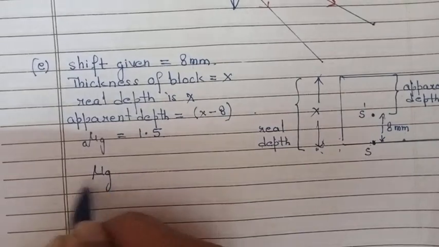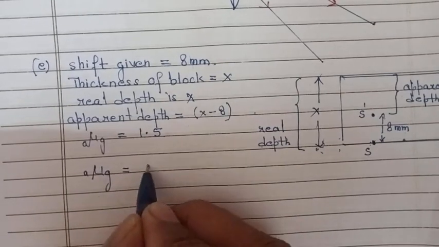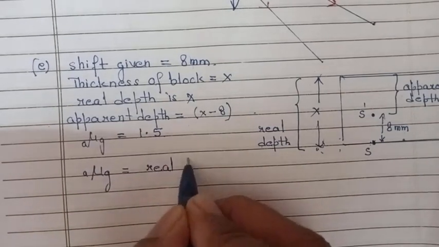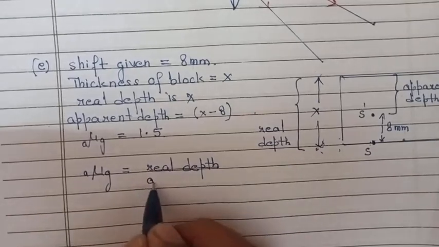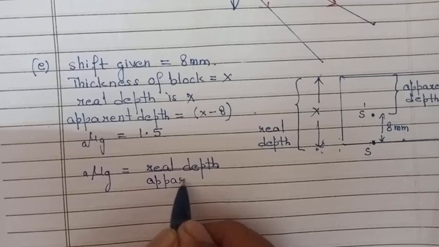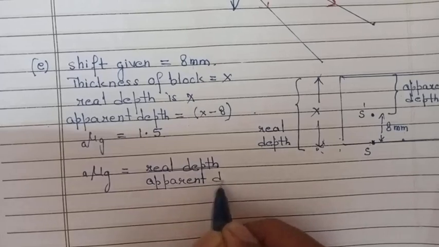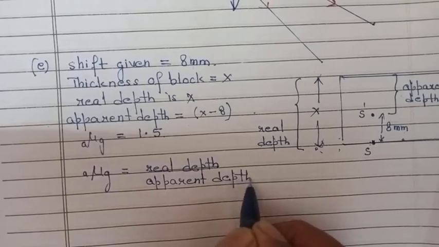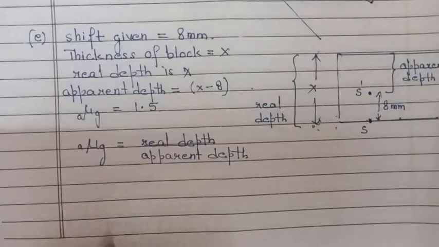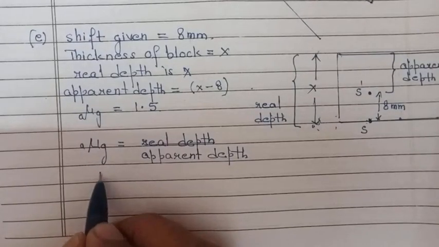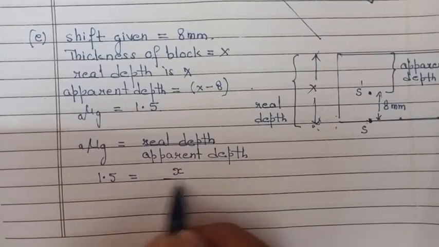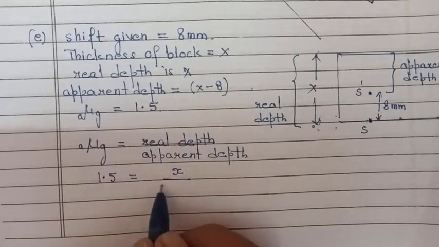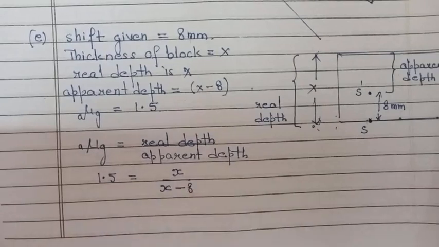The refractive index of glass is real depth upon apparent depth. So here the refractive index is 1.5. Real depth we have considered as X, and the apparent depth is X minus 8.